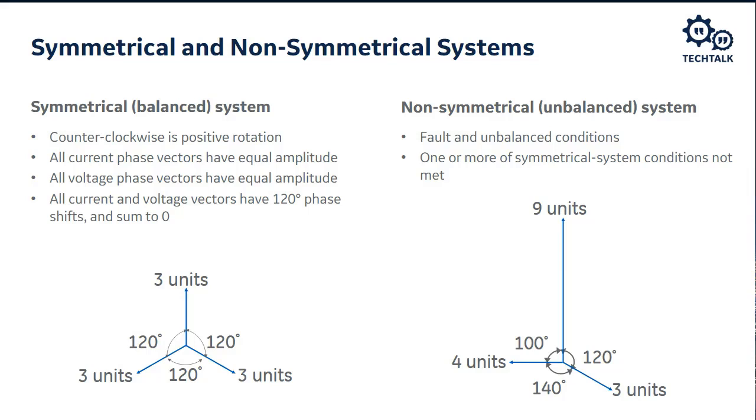And the fascinating thing about this is that we really didn't have a good way of analyzing this sort of system until 1917. So 1917, that's 100 years ago. That seems like a long time, but if you think about how long we were generating and transmitting electrical energy without the capability to analyze these unbalanced loads, and we didn't have computers to help us, and we didn't really even have calculators.